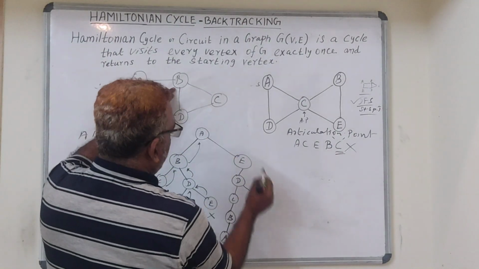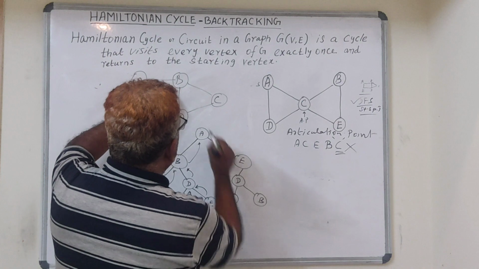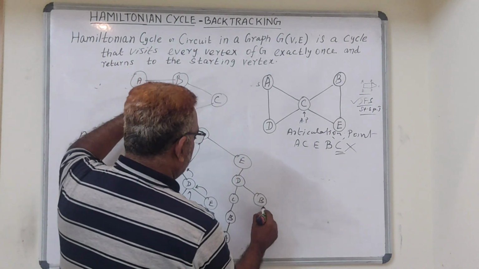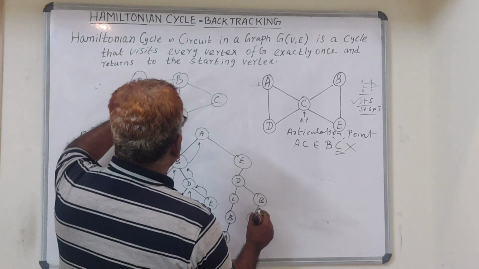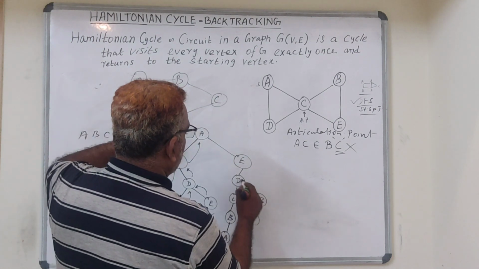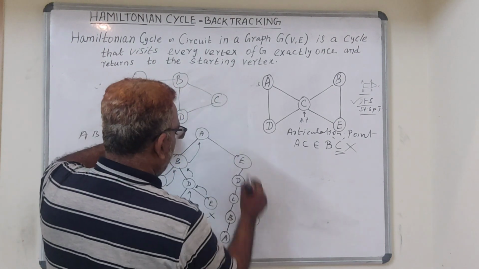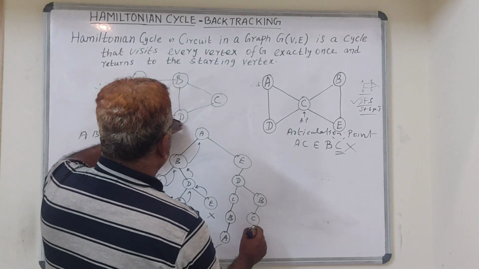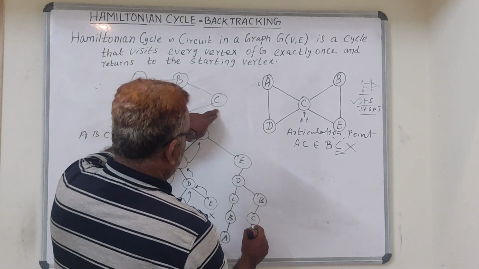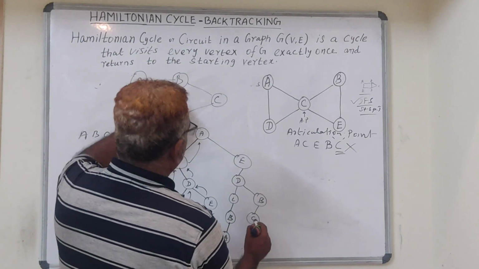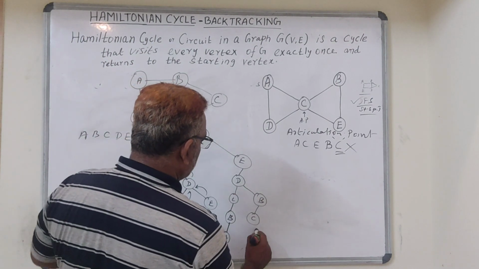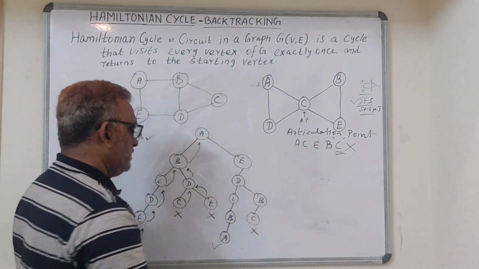If you proceed from B, the adjacent vertices are C and D. D is already present here, so the only possibility is to proceed from C. From C you have B and D. Both B and D are already present, so you cannot proceed.